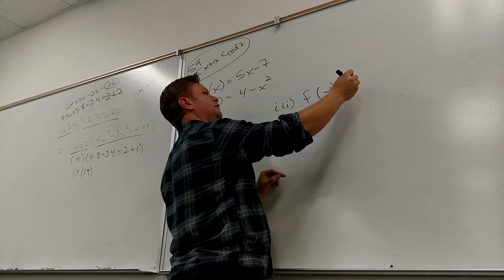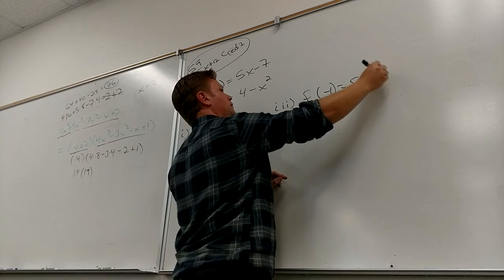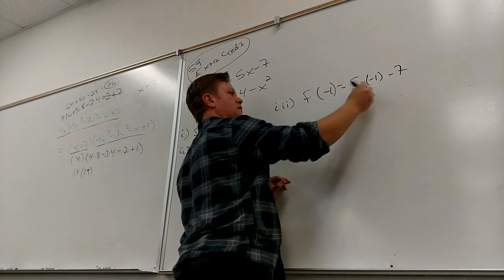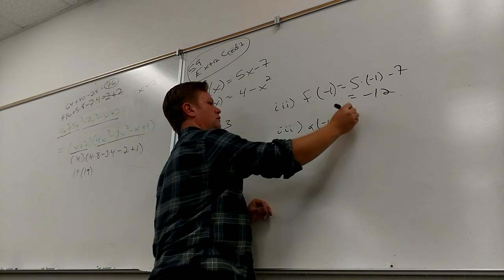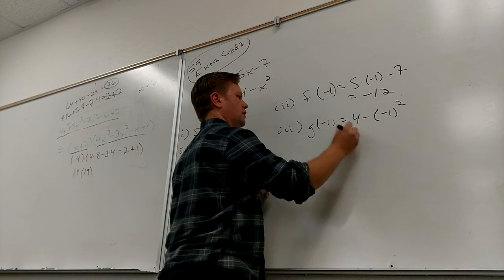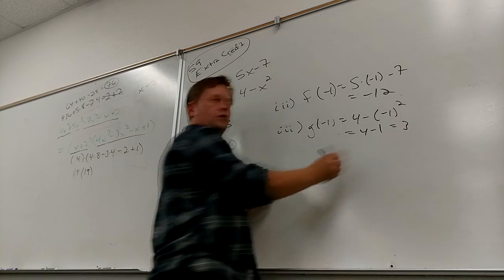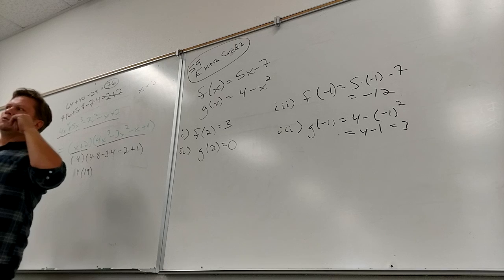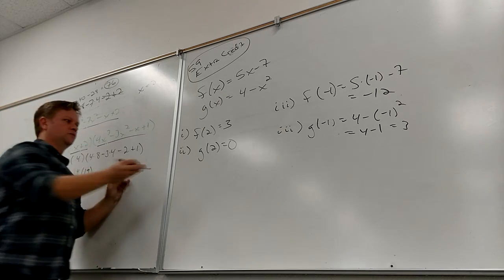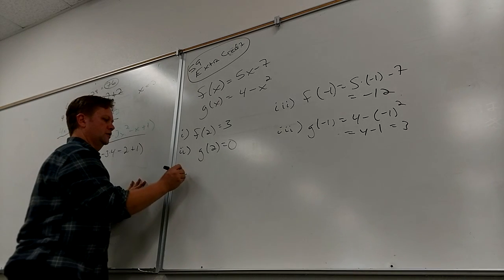It'd be 5 times negative 1 minus 7, negative 12. And what is g of negative 1? 3. Yes, 4 minus 1, 3. So, all right, that's all old news, right? What do you think then about this question?